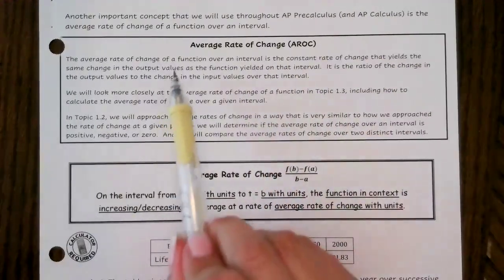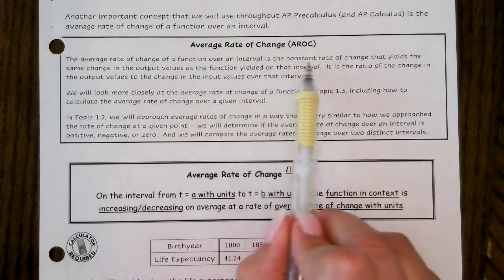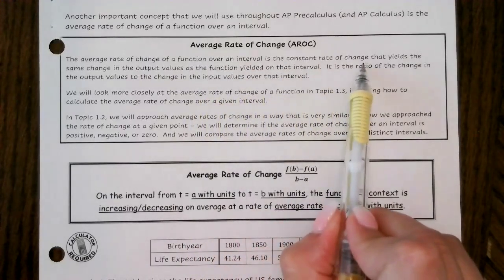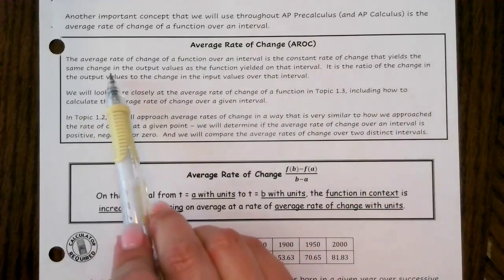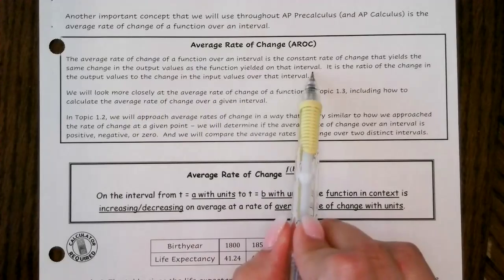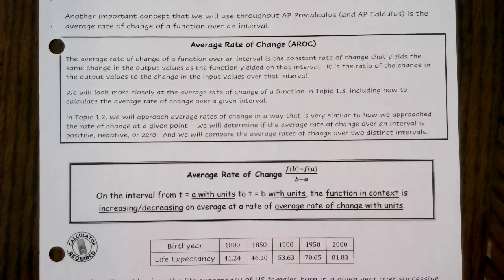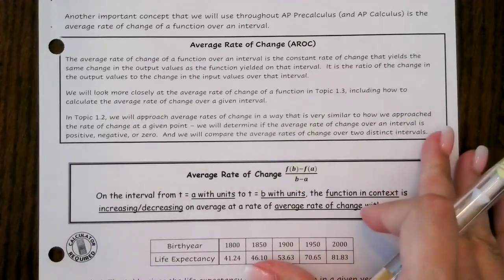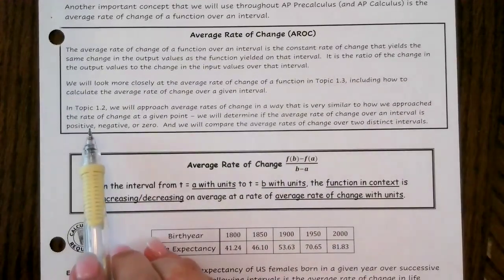The average rate of change of a function over an interval is the constant rate of change that yields the same change in the output values as the function yielded on the interval. It is the ratio of the change in the output values to the change in the input values over the interval. We will look more closely at the average rate of change of a function in topic 1.3, including how to calculate the average rate of change over a given interval.